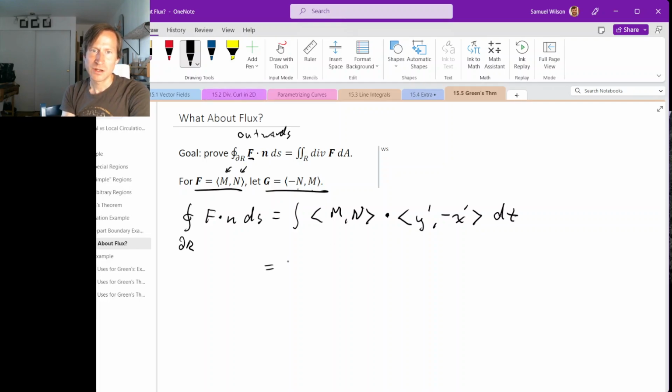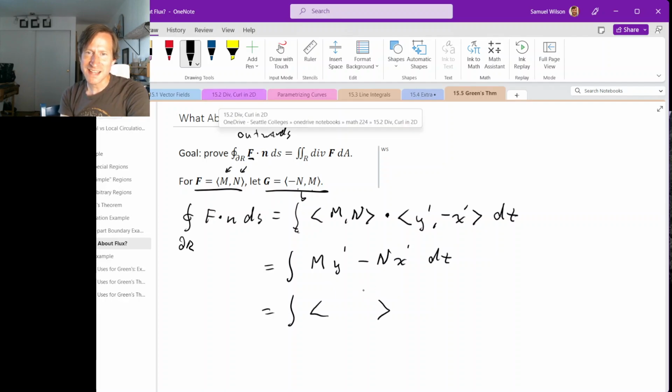And then the bounds, I won't write the bounds every time, but whatever the bounds need to be. Okay, so this is the integral of M times y prime minus N times x prime dt, but we can write this as a dot product in a different way.